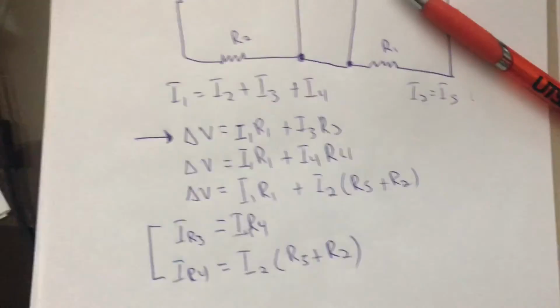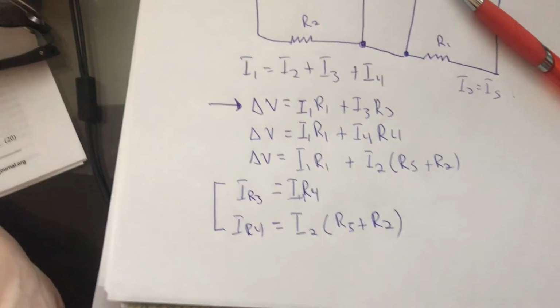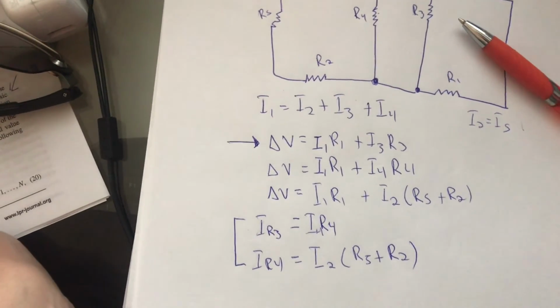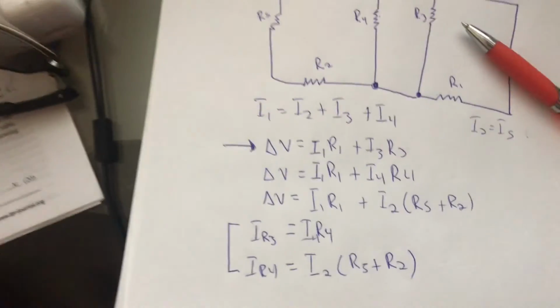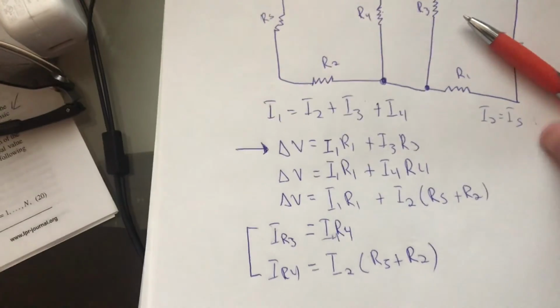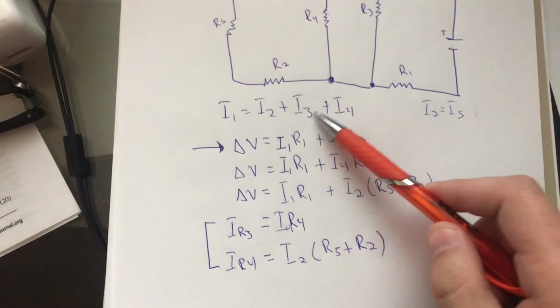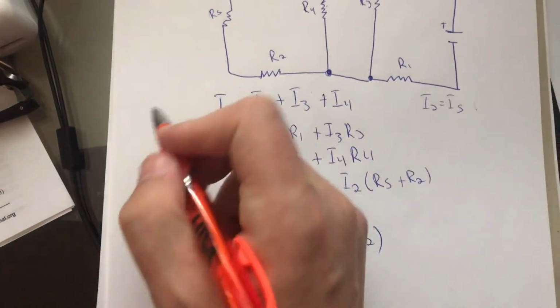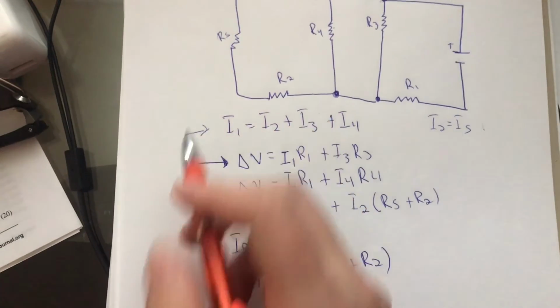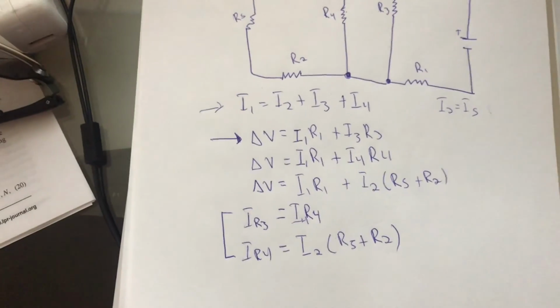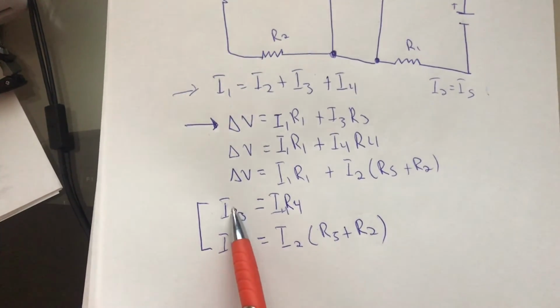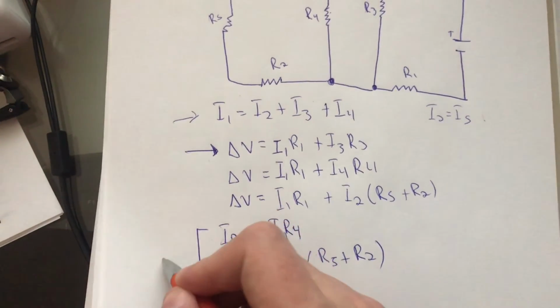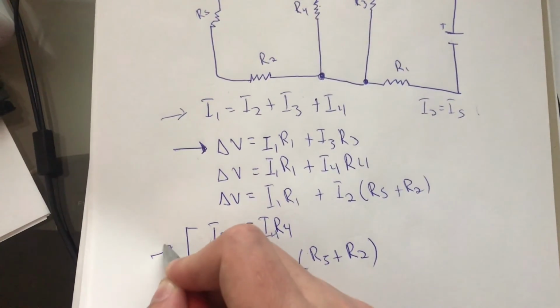Like last time we said, okay, we have 3 equations, 3 unknowns. Well, now we have 4 unknowns. Look, we have I1, I2, I3, I4. So that means we need 4 equations. So here's 1 equation, right there, 2 equations, 3 equations, and 4. So here are the 4 equations that I recommend you use.